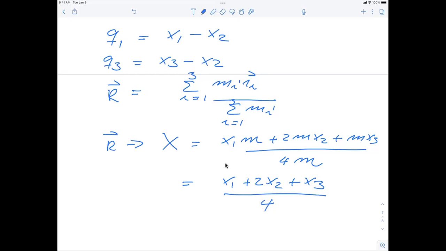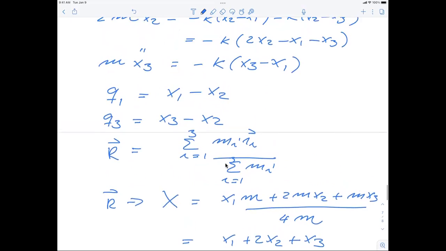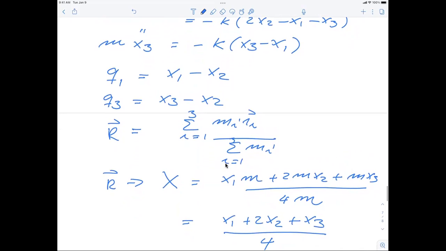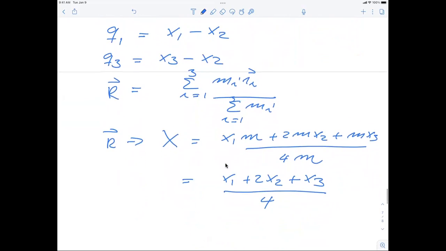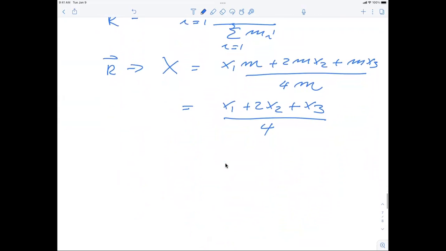If I go back to my differential equation and look at the final expression, there's something which is a lookalike of what you have here. We need some more manipulations. We can show that x2, when we introduce this central mass position, is given by 4x minus x1 minus x3, divided by 2.